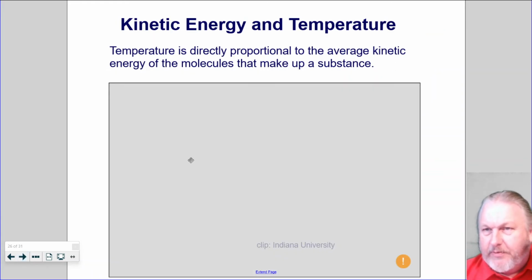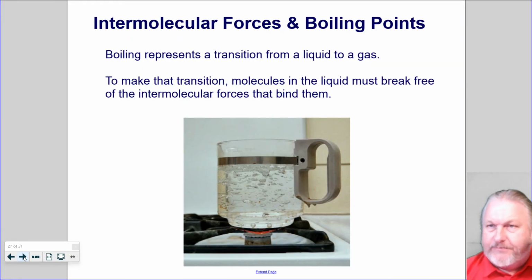Temperature is directly proportional to the average kinetic energy of the molecules that make up the substance. So temperature is a measure of the kinetic energy. And we're going to get into this concept greatly over the next couple of months.